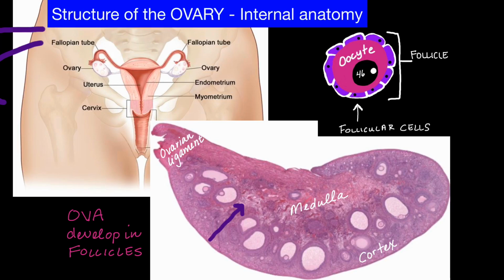We'll talk about that on the next slide, but I just want to point this out. The oocytes, or the ova, that are ultimately going to become the egg cells develop within this little pocket of cells around them. That whole thing is called a follicle. So that's the difference. The follicle is the whole pouch or pocket of cells. The oocyte, or the ova, within that follicle is also doing its own thing.